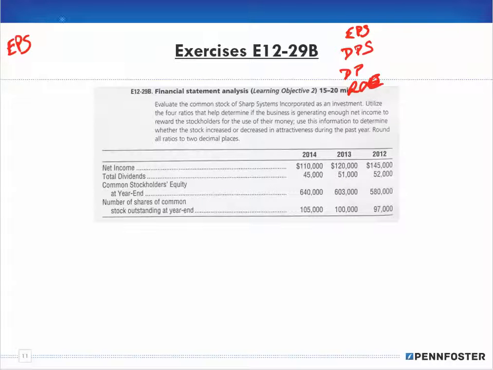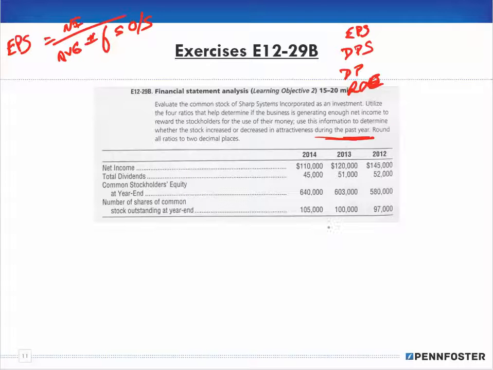Earnings per share is the net income over the average number of shares outstanding. Okay, so I'll work the problem down here. Right, so we have 2012 to 2013 to 2014. And it says whether the stock increased or decreased in attractiveness during the past year.